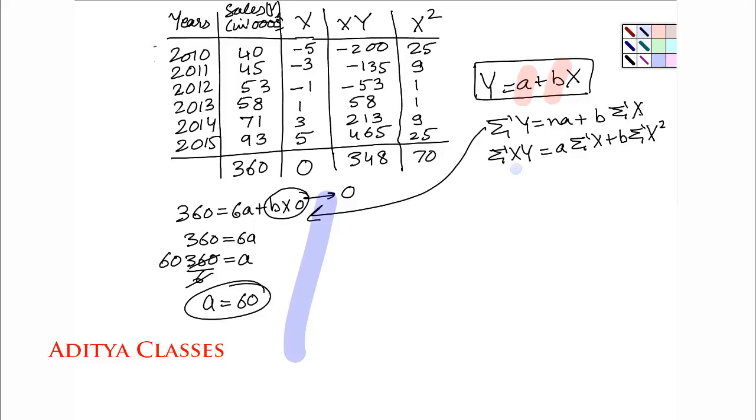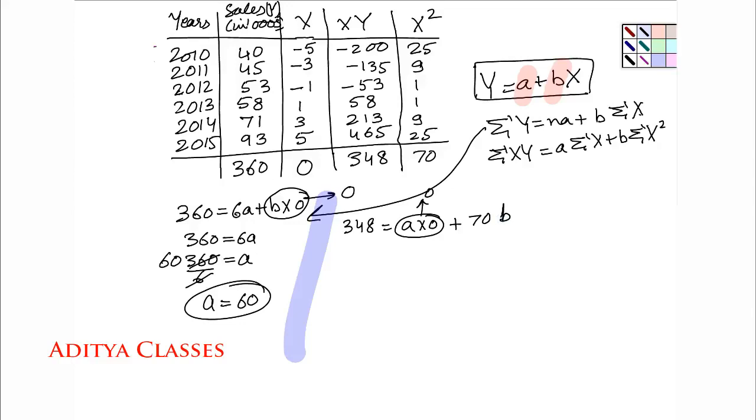Now let me get on with my second equation. Second equation is sigma xy. Sigma xy, that is 348, is equal to a sigma x. A sigma x again is 0. So when anything is multiplied by 0, this will reduce to 0. But still I have another term, b sigma x square. Sigma x square is 70.